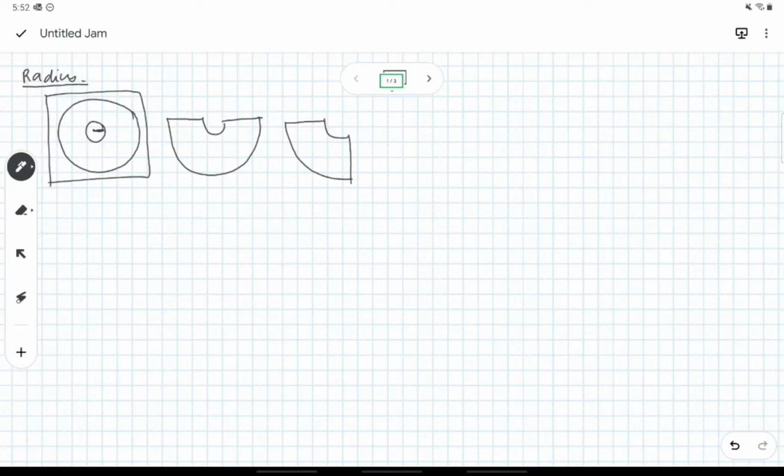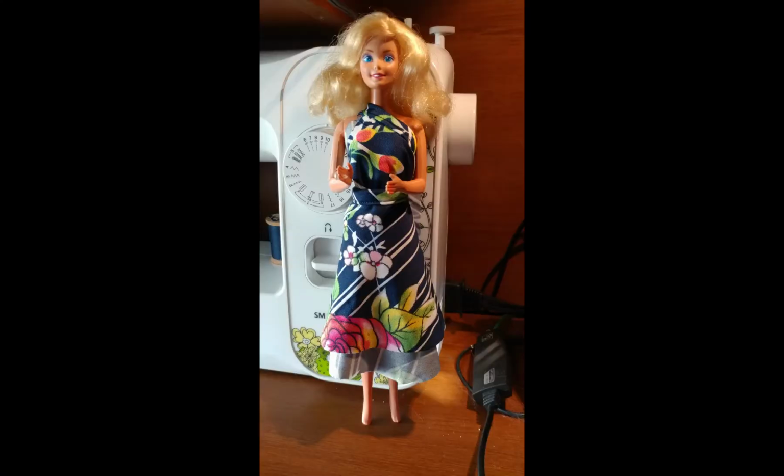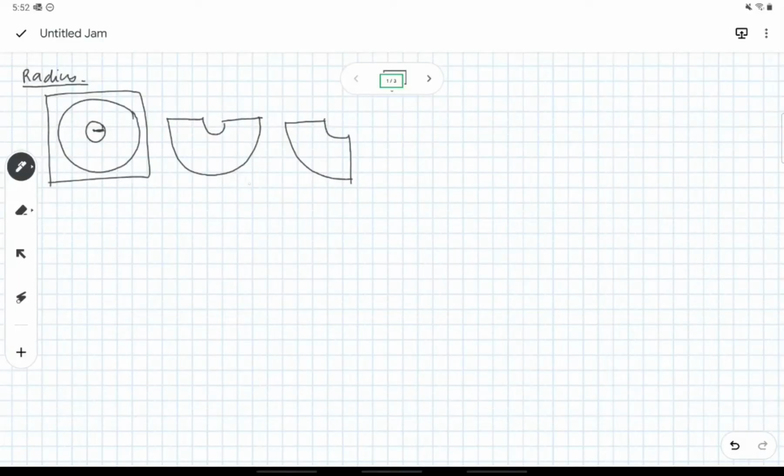By doing some research, essentially looking at a number of those wrap skirts and making a mock-up on my Barbie doll, I've determined that being somewhere in between those two was good. So again, I'm estimating this.